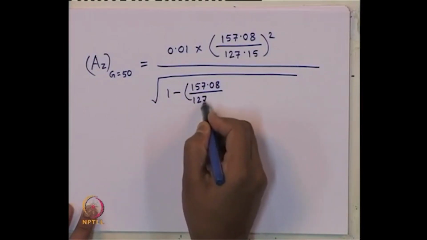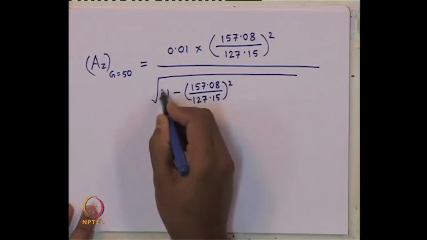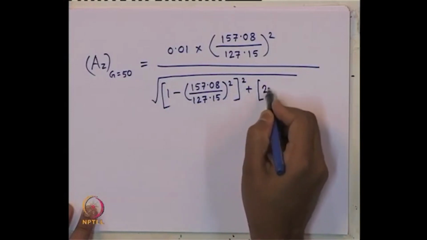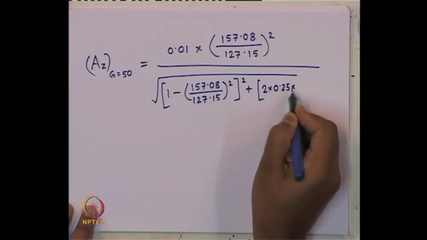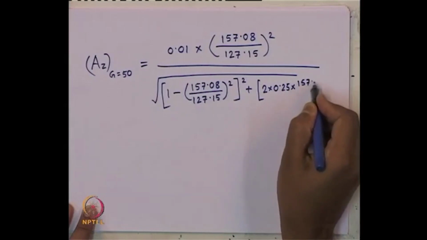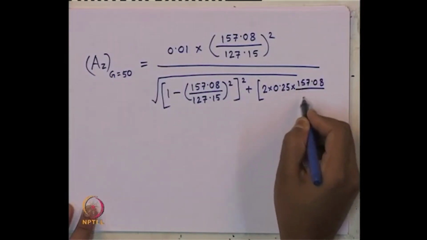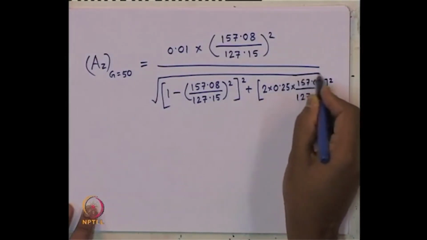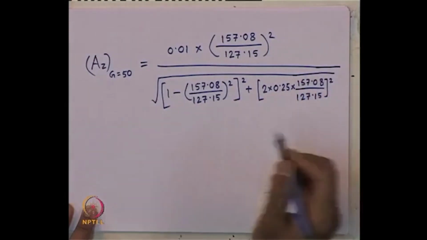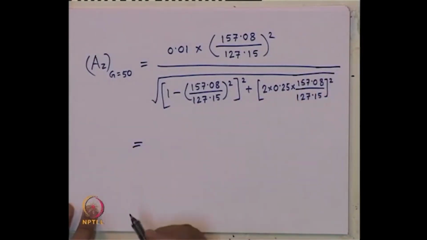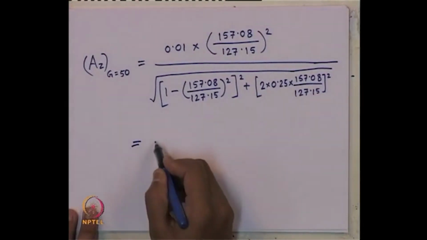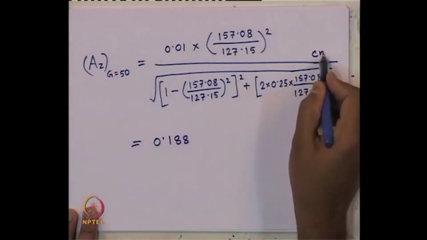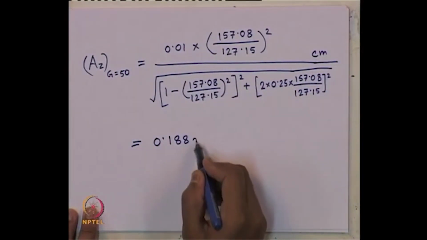Omega by omega n whole square, that square plus 2 eta omega by omega n. So, how much it is coming? 0.188. This is giving us in centimeter, because this is in centimeter, millimeter.